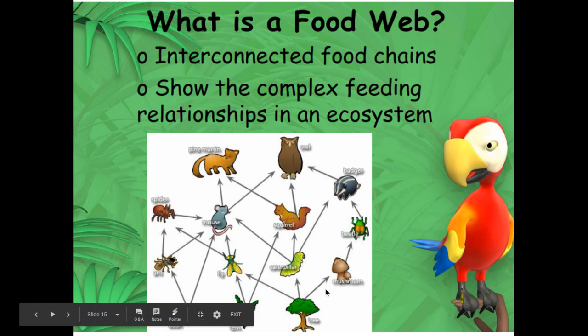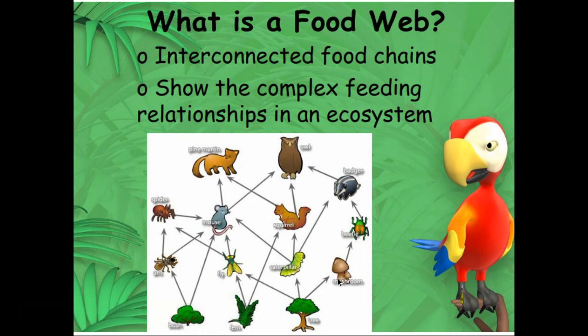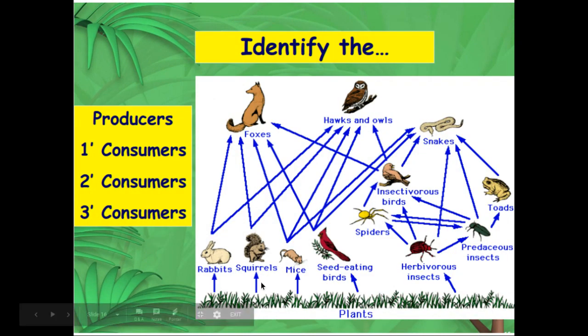It's just interconnected food chains. They don't necessarily show the amount making it up to each trophic level, but they show the complexity of the feeding relationships. We can still see the direction the energy flows, and we can see more about how everything is interrelated. So for here, identify the producers, which are the plants, and primary consumers, which are like the mice that eat on them, the seed-eating birds.